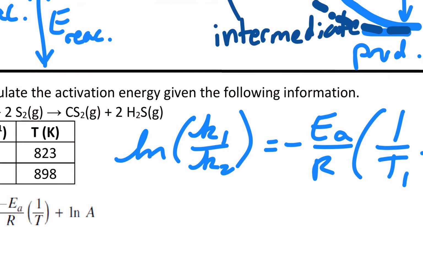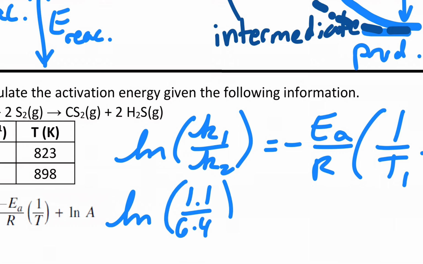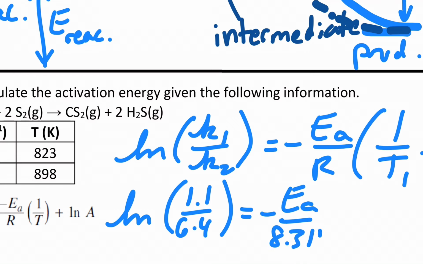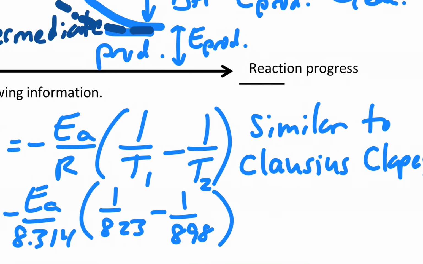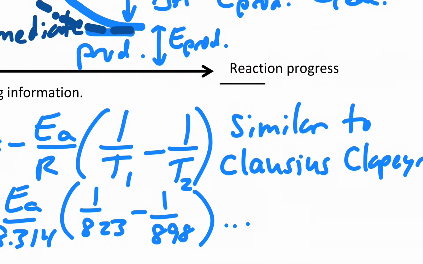And if I plug in my numbers, I get the natural log of 1.1 over 6.4 in this problem is equal to negative activation energy over 8.314 times the difference in Kelvin temperatures, 1 over 823 minus 1 over 898. I get a positive value. Activation energy is always positive.